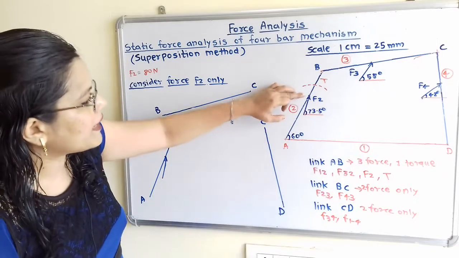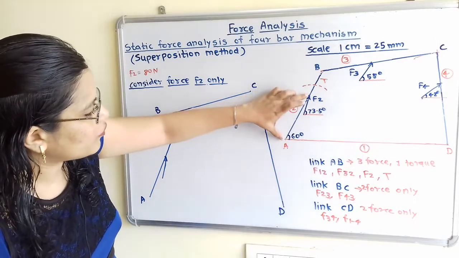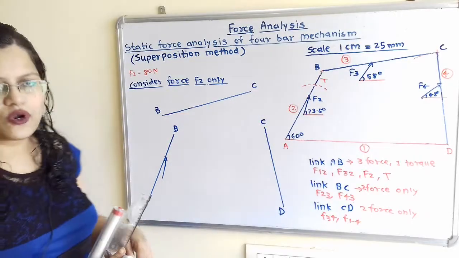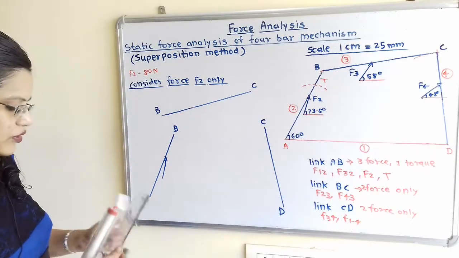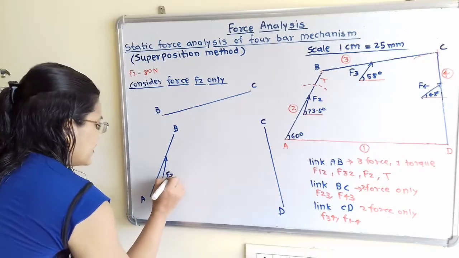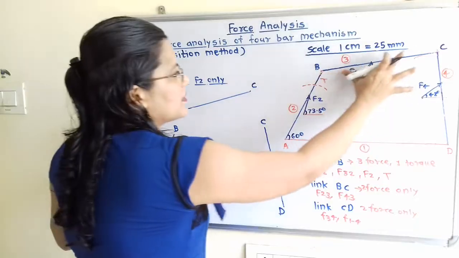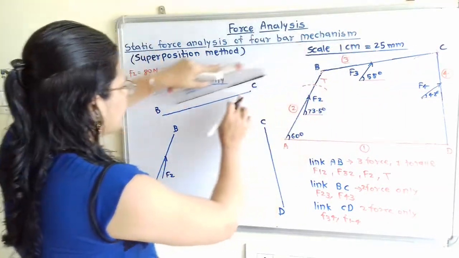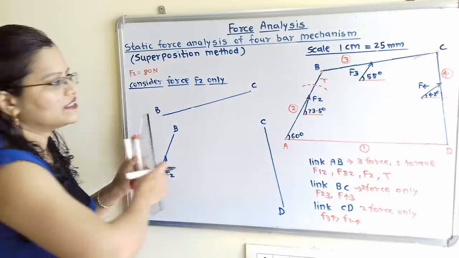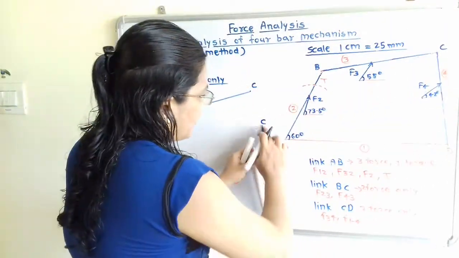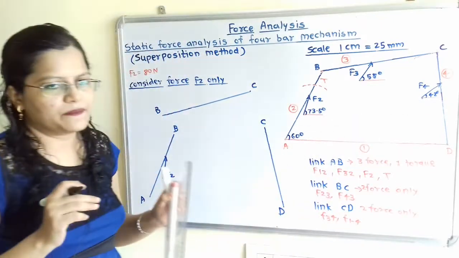Then we have to mark here the point for the force F2, and we have to draw here the force F2. So I will mention here, this is the force F2. Then in the same way we have to transfer this link BC, that is the line parallel to this link BC, and we have to consider the same length, and for this CD also we have to take the same length and the direction, that is parallel.